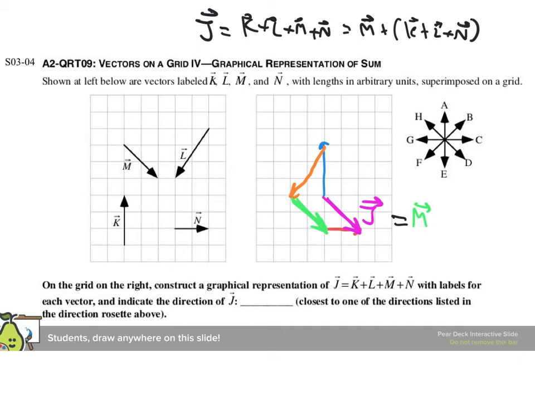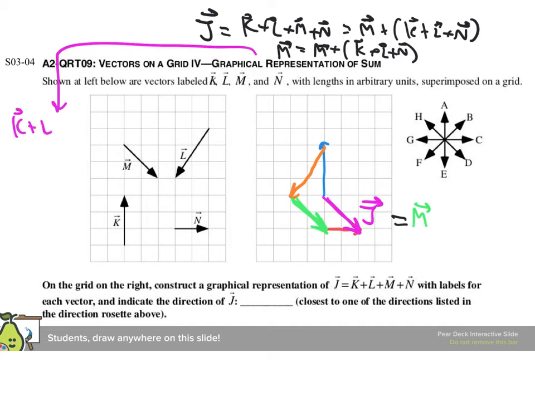But if j equals m, then I have that m equals m plus the sum of k plus l plus n, which means that k plus l plus n must equal 0.